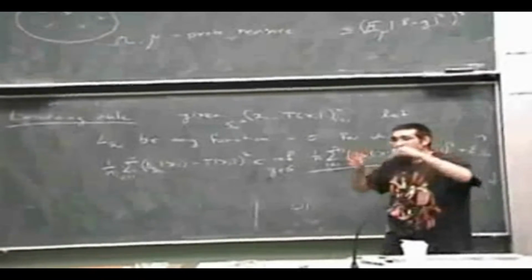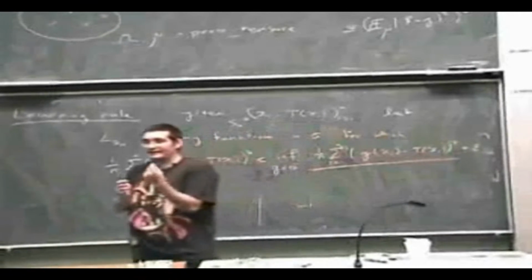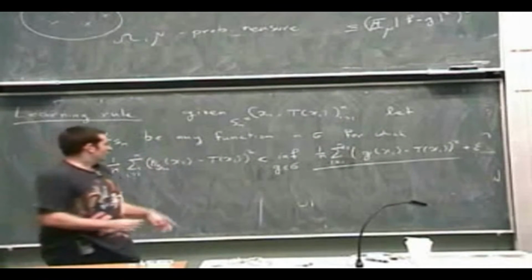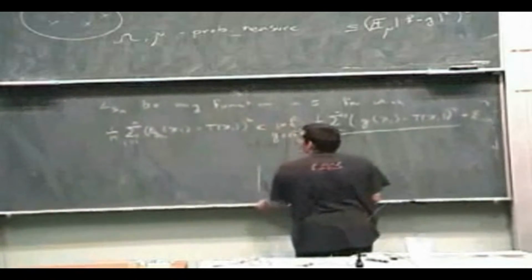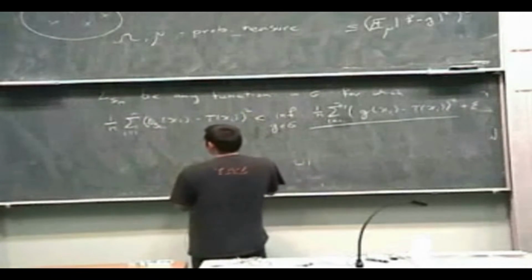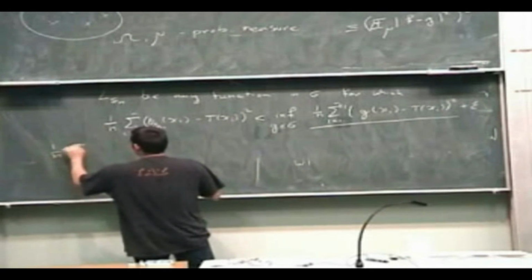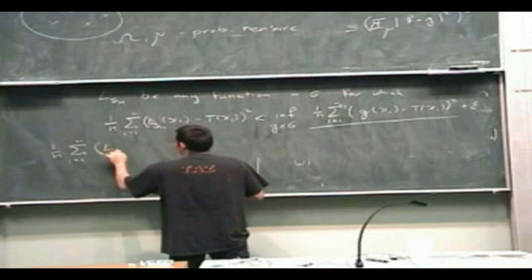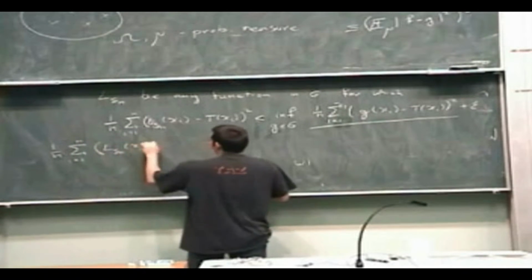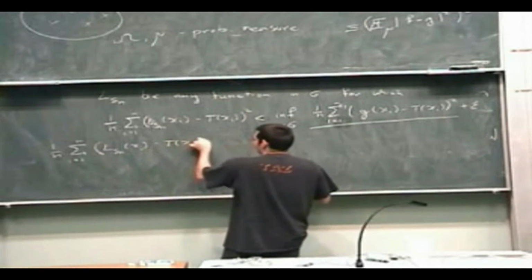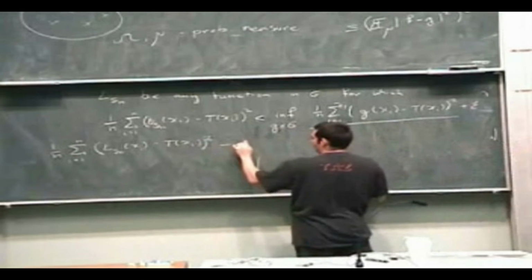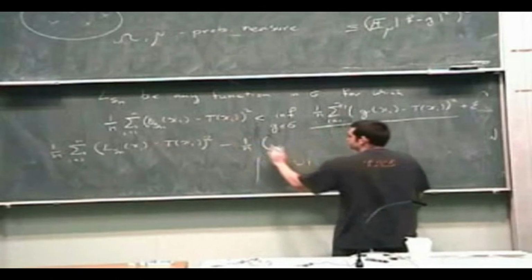Okay? So writing this is exactly the same as writing 1 over n sum i equals 1 to n of (L_Sn(xi) minus t(xi)) squared minus this term, 1 over n sum of (t(xi) minus PGT(xi)) squared, less or equal than this term, right?